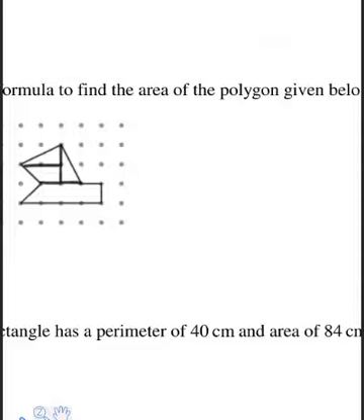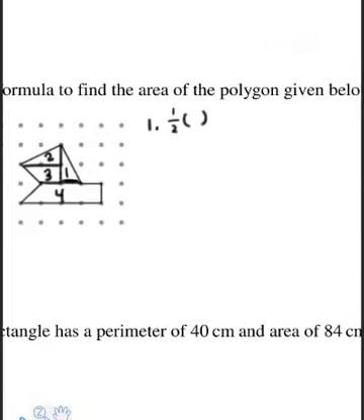So we have 1, 2, 3, 4 shapes: 2 triangles and 2 trapezoids. We could try this. So triangle 1 is half of the base.